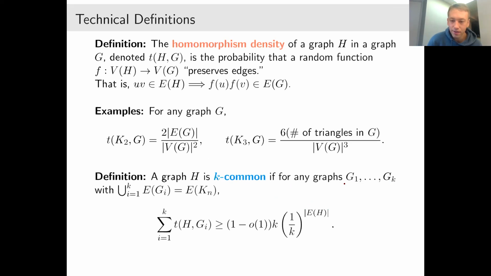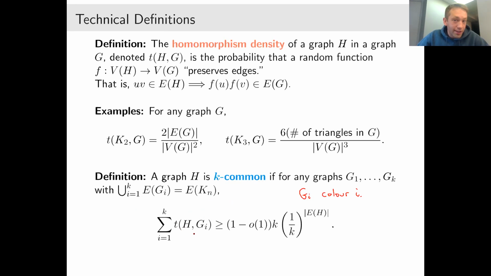We think of the edges of Gi as being of color i, and the union of the edge sets of the Gi for i equals 1 to k is the edge set of Kn. Think of this as a coloring of Kn, and we want to count the number of monochromatic copies of H.